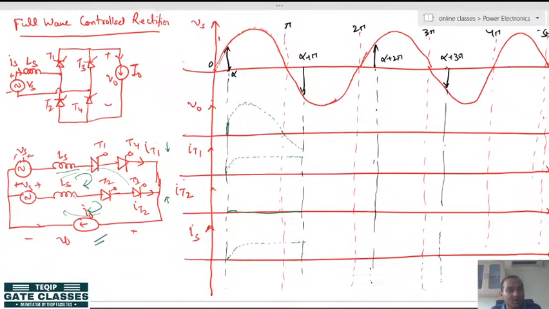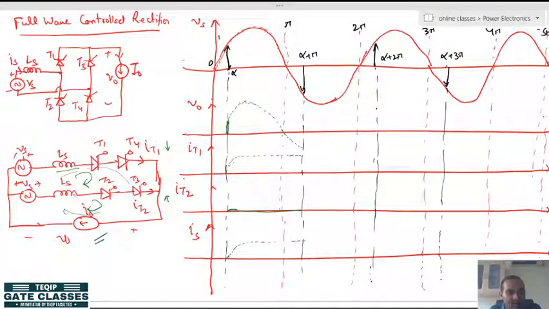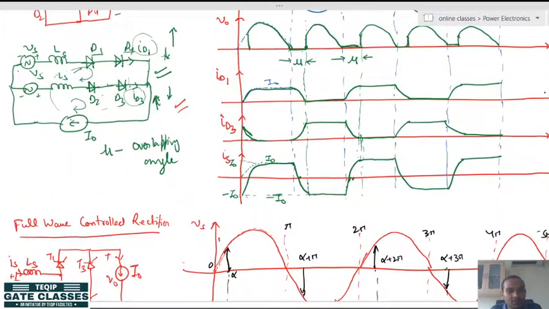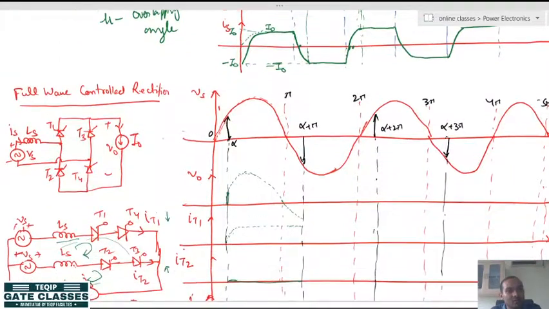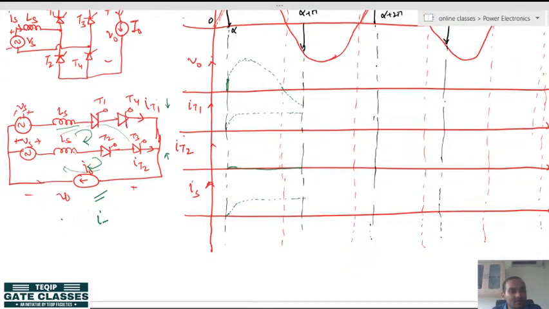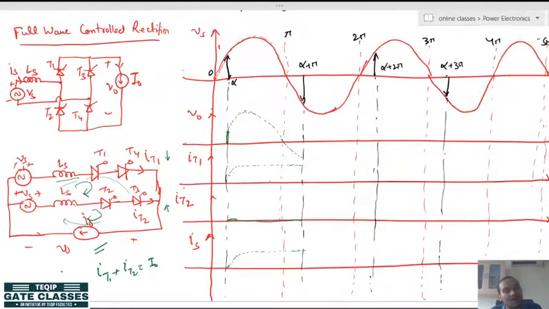Here also ID1 plus ID2 constitute total current I0, and here also IT1 plus IT2 constitute total current I0. So, total current will remain the same.